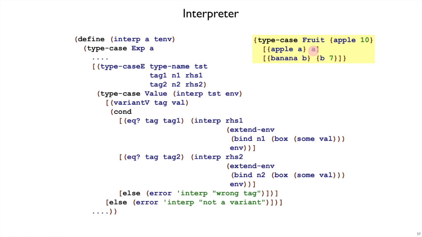As we interp this expression, then it should be able to refer to this variable here, which stands for the field inside of the variant value. So here is our variant value with its tag, and val here is the field's value. So that's what we want to put in the environment. We bind the name that was given with the clause here, a name like A corresponds to N1, and we bind it to that value.